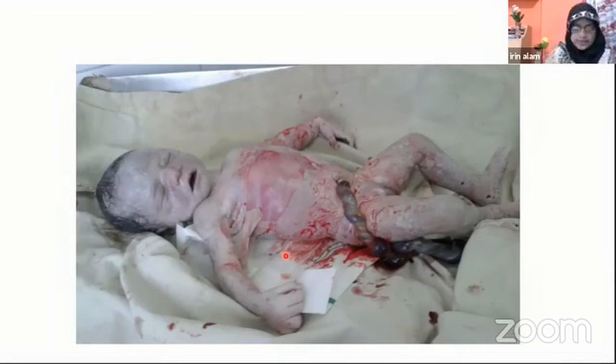Then a question may ask, what will be the complications if the fetus is retained in the uterus for a prolonged period of time? If a fetus is retained within the uterus for a prolonged period of time, there may be psychological upset, infection and coagulation problems for the mother.